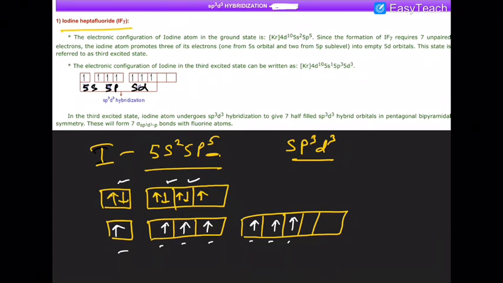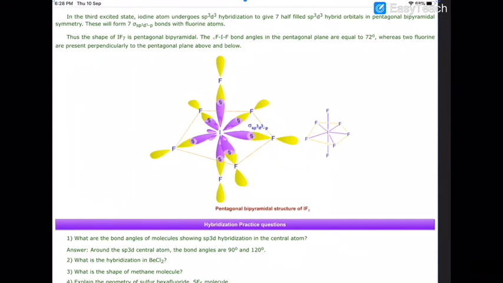So these 7 singly occupied orbitals intermix together to give you sp3d3, that is pentagonal bipyramidal geometry. These hybridized orbitals, containing 1 electron each, will overlap with the p orbitals of fluorine, and 7 sigma bonds are formed. 1, 2, 3, 4, 5, 6 and 7.